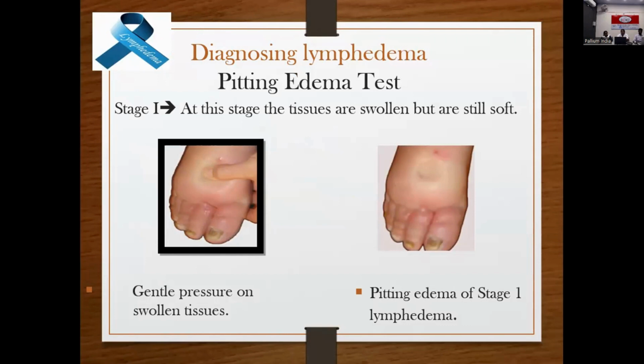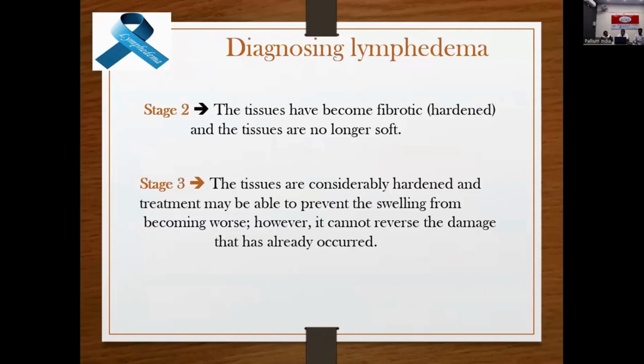At this stage, the tissues are swollen but still soft, so gentle pressure can be applied to the swollen tissue. The depression of the pressure area is visible to the naked eye. In stage 2, the tissues have become fibrotic or hardened and the tissues are no longer soft.